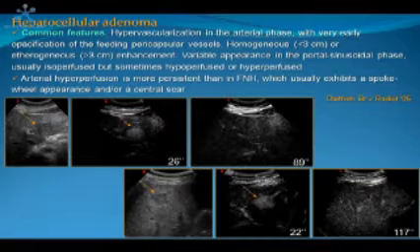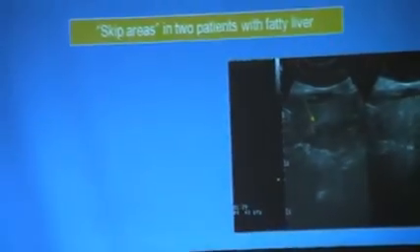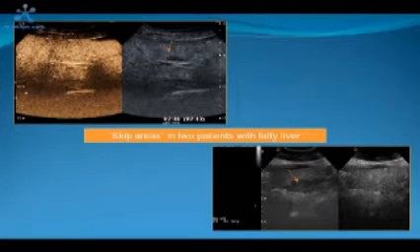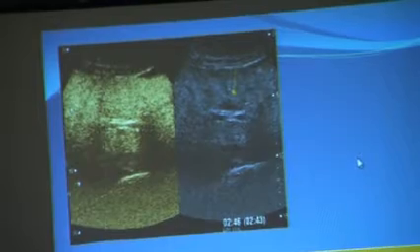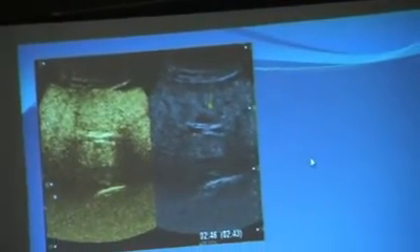There are a number of findings helping us to differentiate from FNH, but I have to say that for very small lesions, this can be a difficult differential diagnosis. And pseudo-lesions such as focal fatty liver or focal spared areas in the fatty liver are easily ruled out with CEUS.